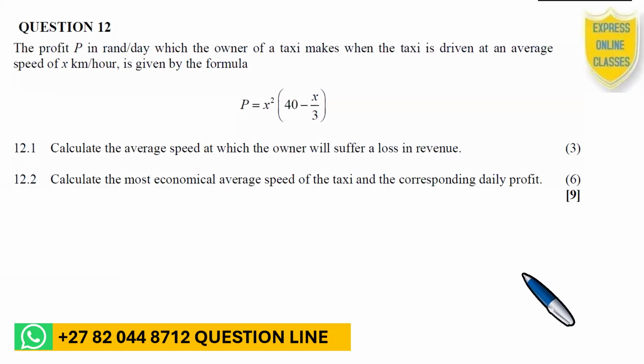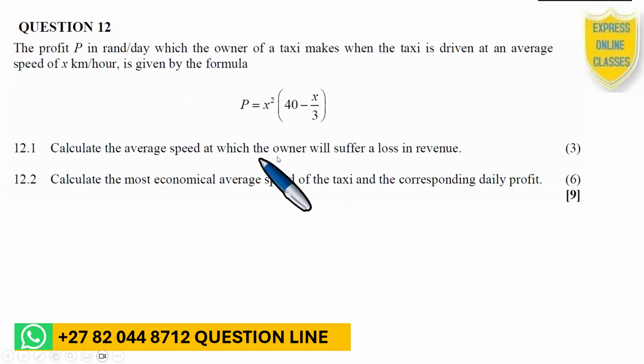The profit P in rand per day, which the owner of a taxi makes when the taxi is driven at an average speed of x kilometers per hour, is given by the formula P equals x squared in brackets 4 minus x over 3.